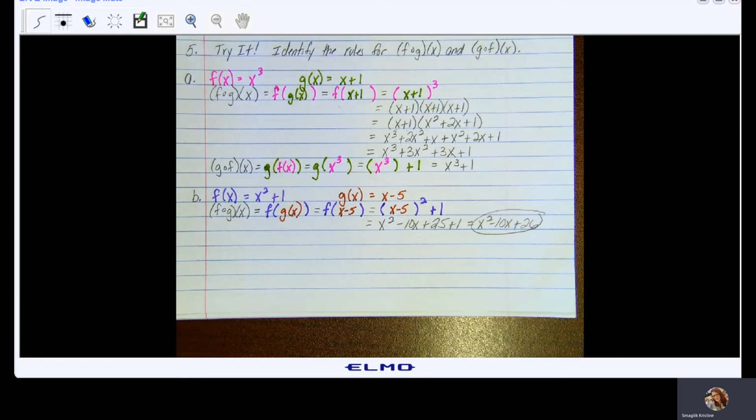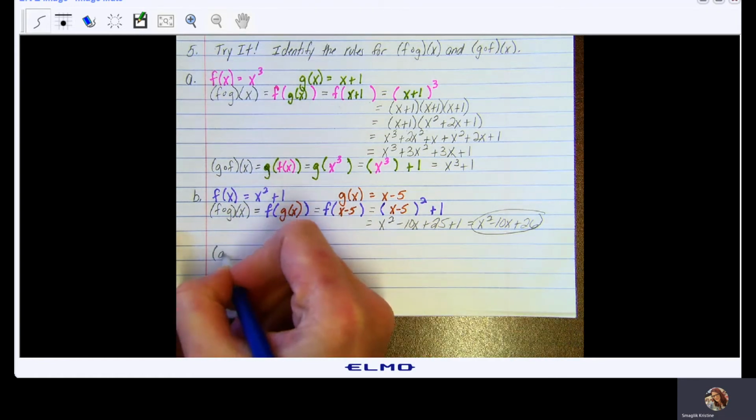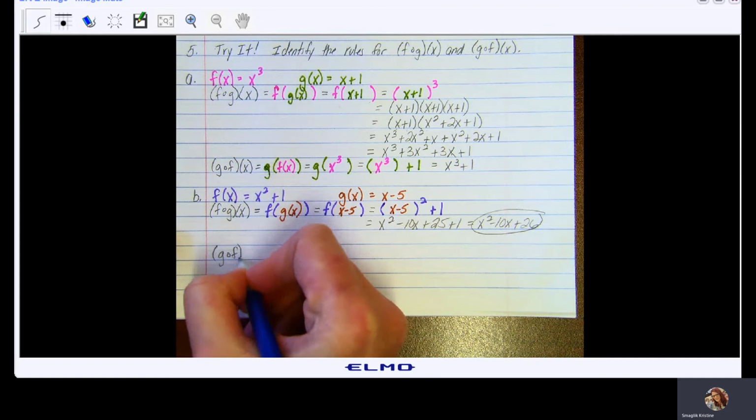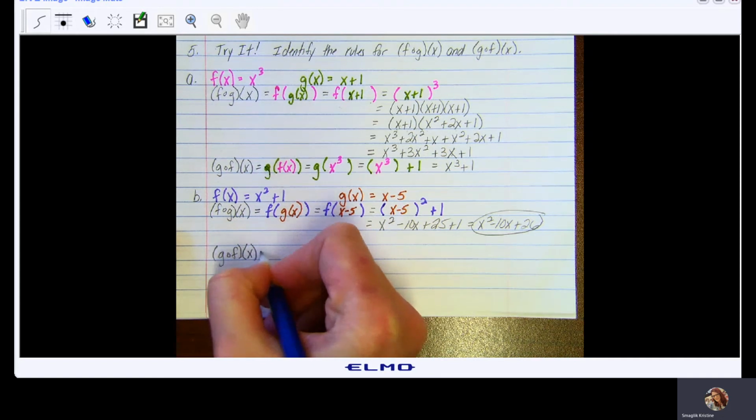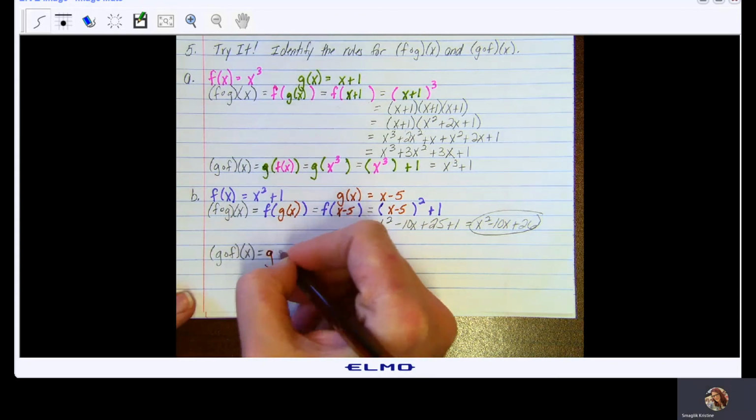Let's take a look at g of f of x. So we will have now g of f of x. So I'm taking function g first. g.